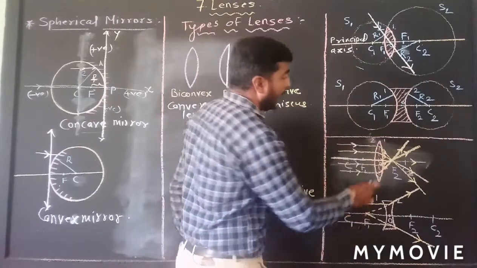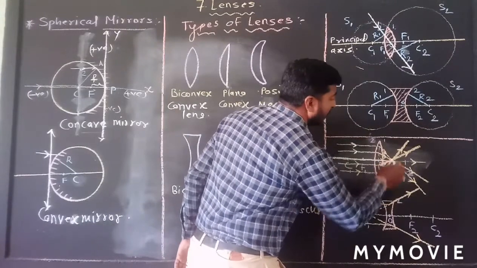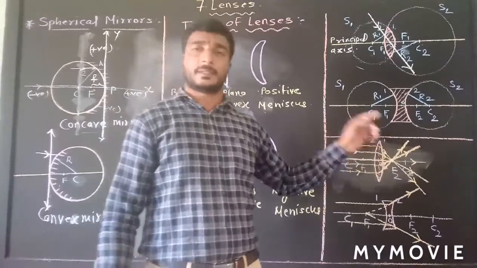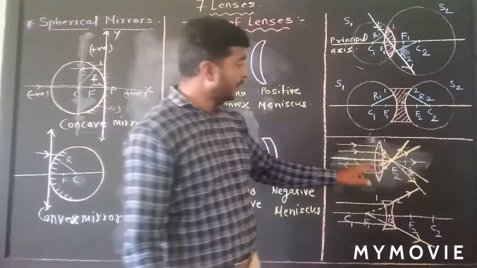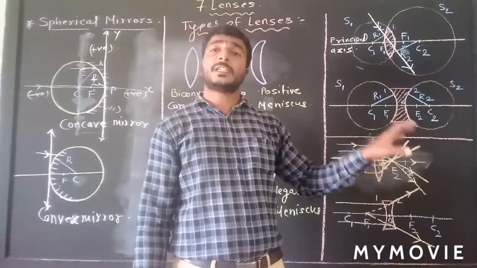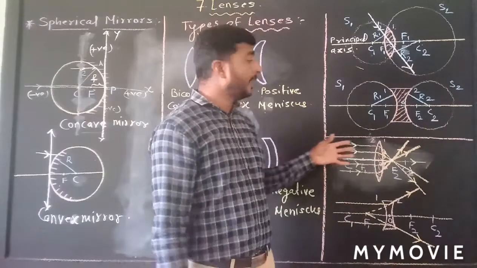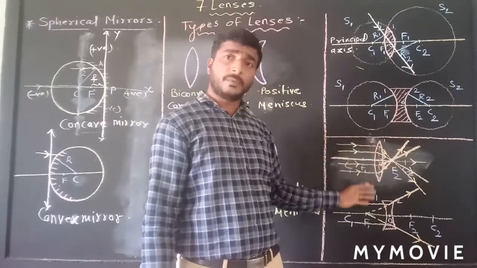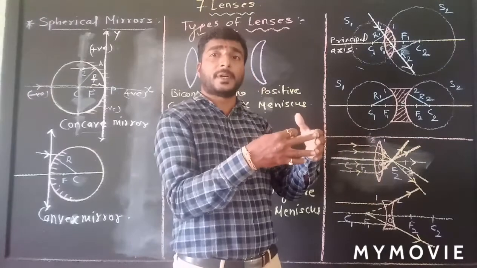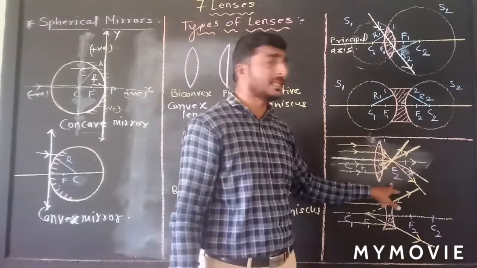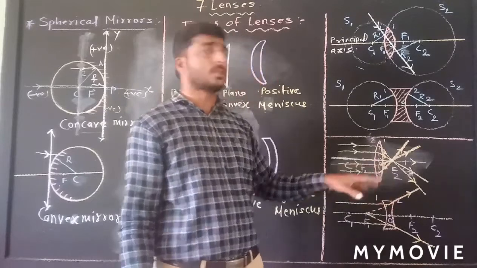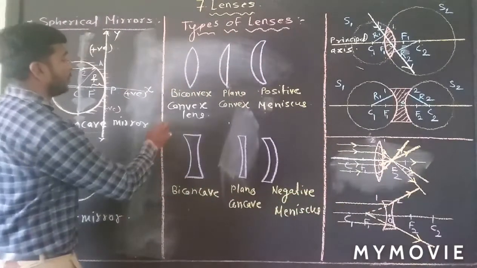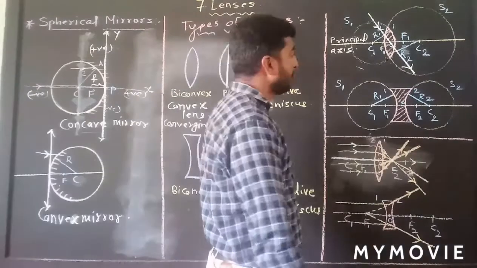Converged means coming and meeting at a common point. That point is called the principal focus of the convex lens. That is why this lens is called a converging lens, because all the light parallel to the principal axis passing through the convex lens converges at a point, the principal focus. So this lens is also called a converging lens.